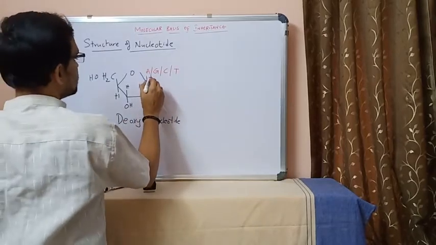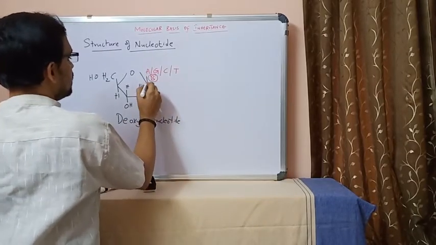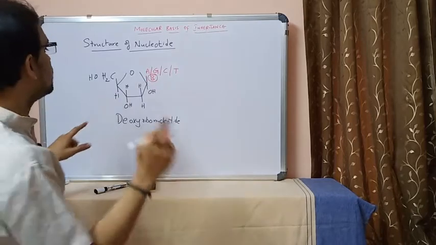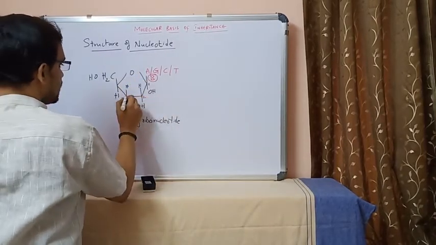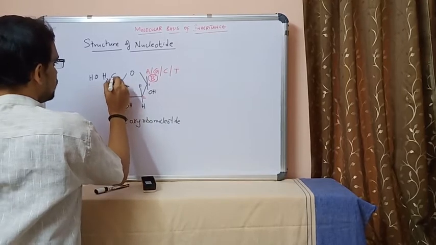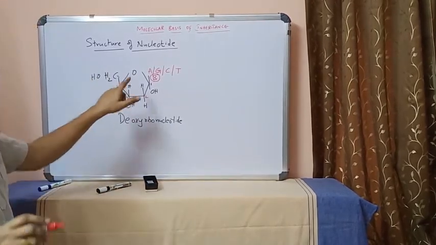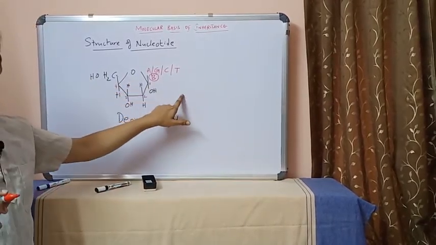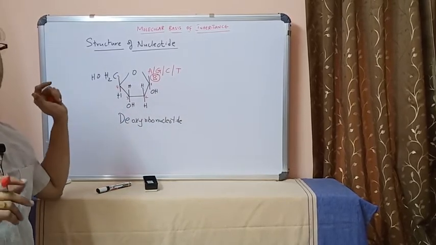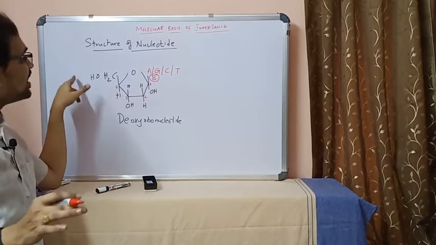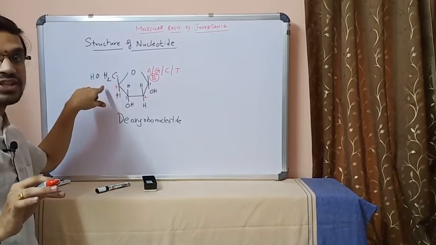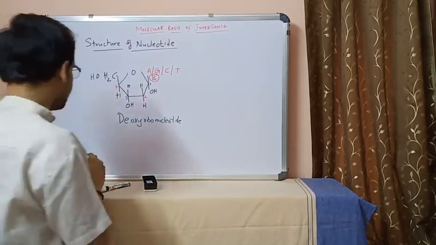The base is always linked at the first position of the sugar. This is the first position, second, third, fourth, and this is the fifth position. Now sugar and base together is called a nucleoside. What is a nucleotide? If phosphate is added to the fifth carbon, then it is called a nucleotide.